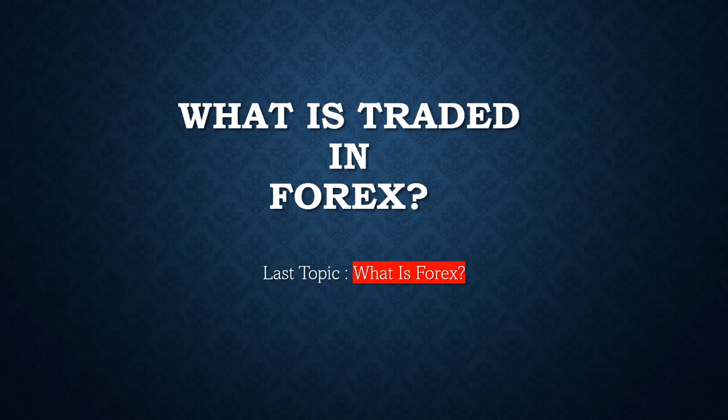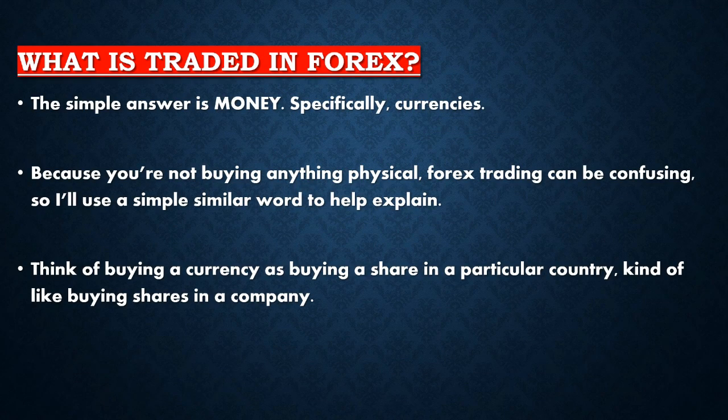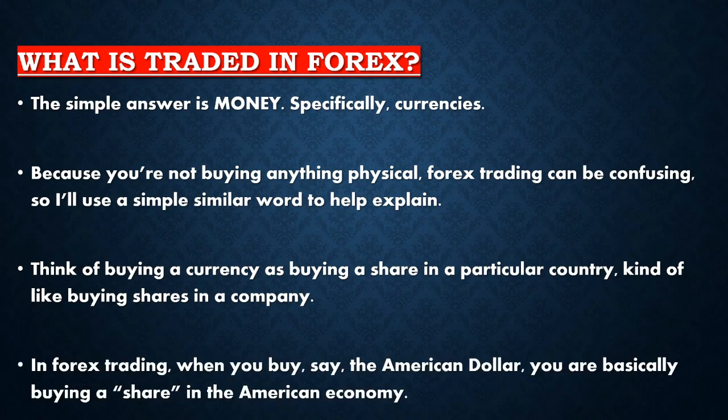Today's topic, like I said, is what is traded in Forex. What is it that is exactly traded in Forex? The simple answer is money, specifically currencies. Like I explained in the first video, currencies represent money.